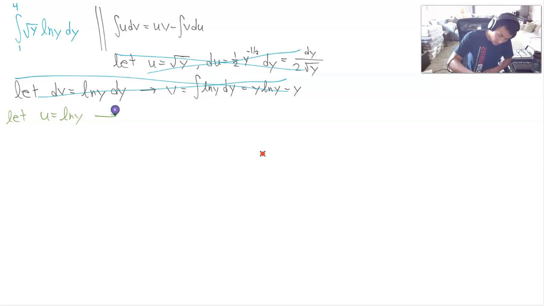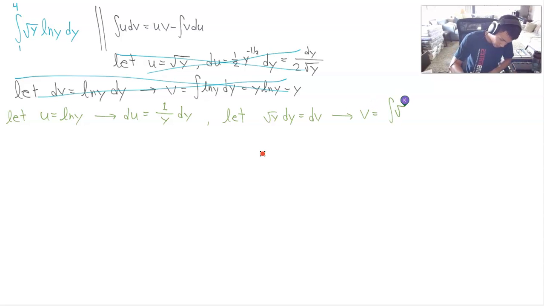Okay, then we know that du is equal to 1 over y dy. That's the derivative of the natural log. Okay. And then let's let what? We'll let square root y dy equal dv. So then if we want v, right, we integrate both sides.